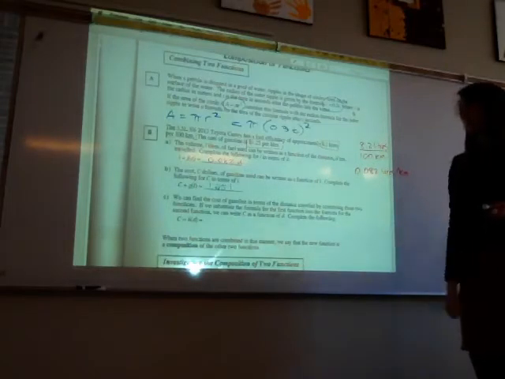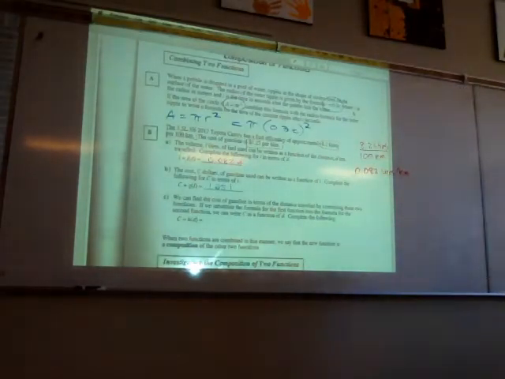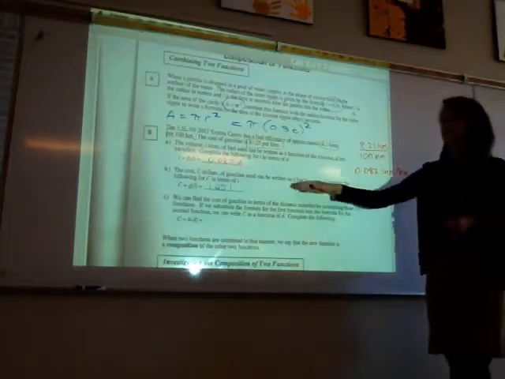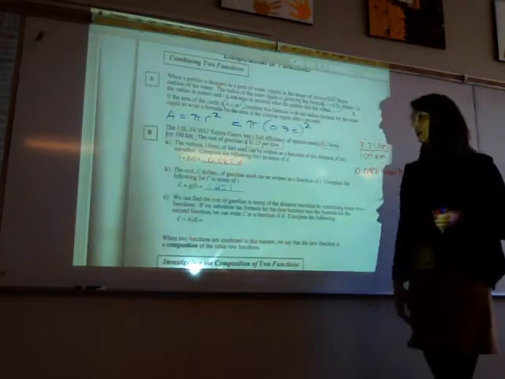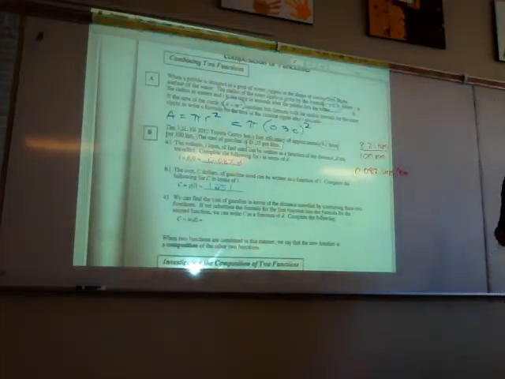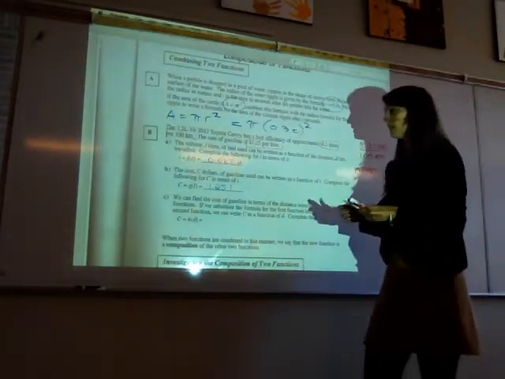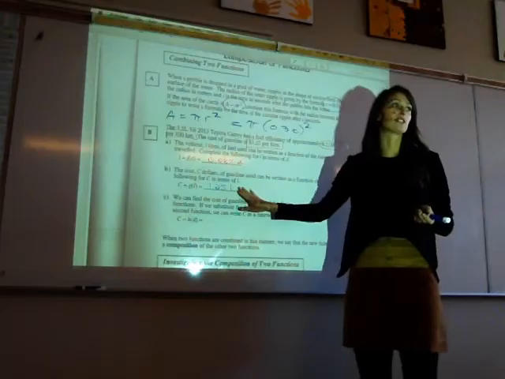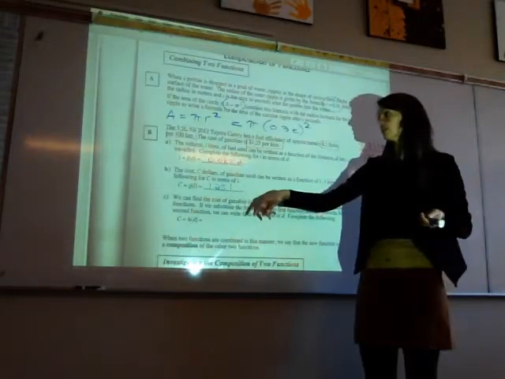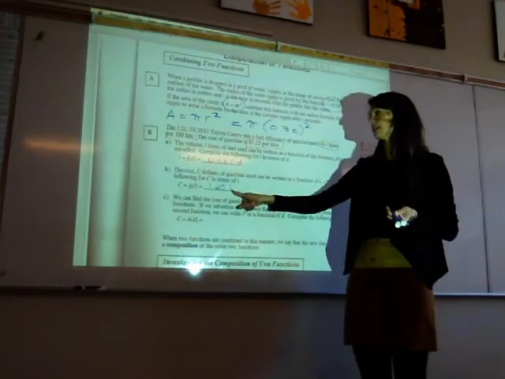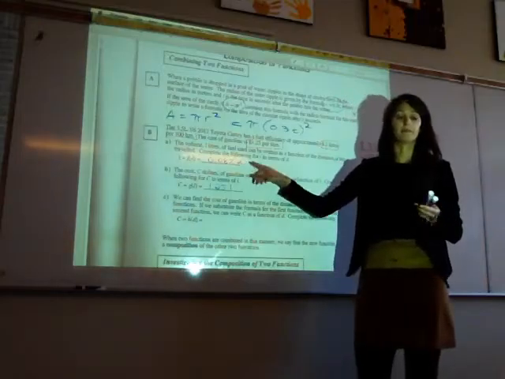Okay, for part C, we can find the cost of gasoline in terms of distance traveled by combining these two functions. So function L, function C. If we substitute the formula for the first function into the formula of the second, we can write C as a function of d. So what we're doing is, if cost was 1.25 L, we can take the L and replace it with the function up above.